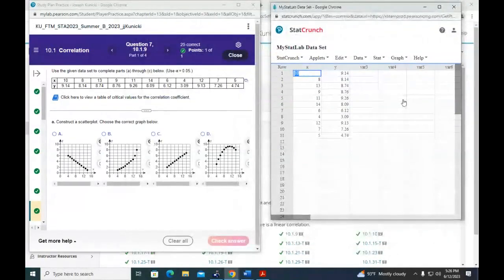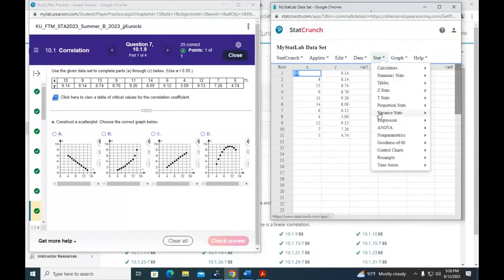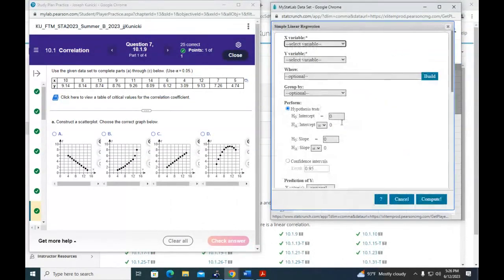They label them as X and Y instead of variable 1 and variable 2. I go to Stat, Regression, Simple Linear, just like we did last Tuesday. I tell it X's are the X's and the Y's are the Y's. Notice they don't have rho here, and there's two of these. But see, slope is related to R, so this is rho equals 0, rho not equal to 0. That's my test, so we just leave it. That's all we need to do right now.